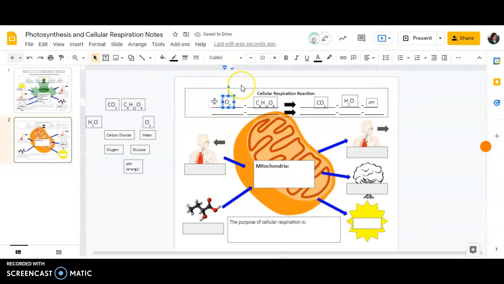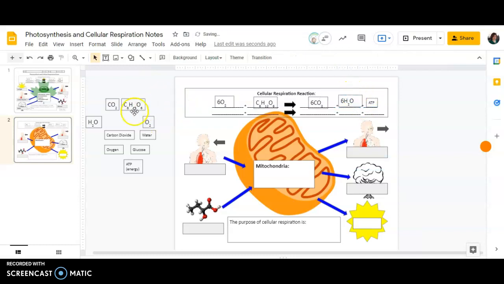So we also know from before that we had to have 6 oxygens to make this work. We had 1 glucose molecule, which means we gave off 6 carbon dioxides and 6 water molecules. Okay.